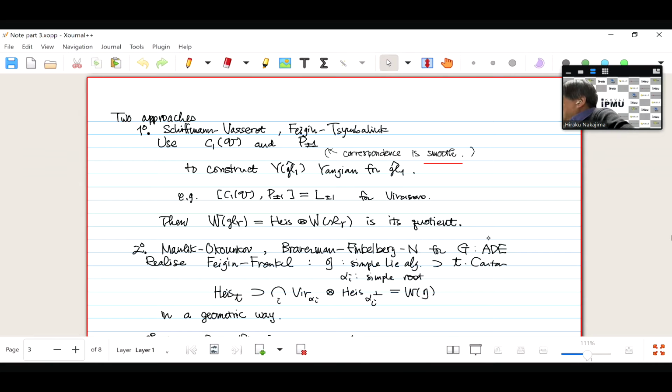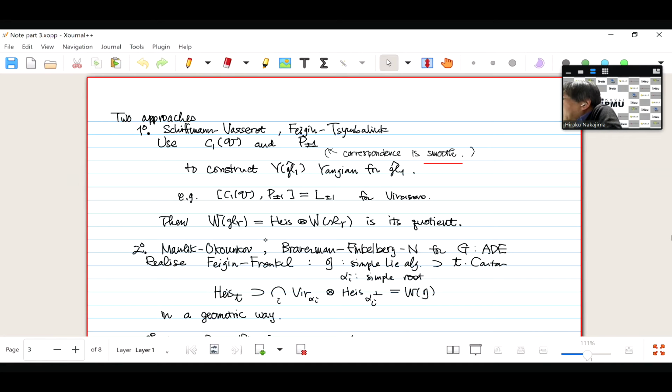So the double algebra in general, for type ADE, is defined as the reduction of the affine algebra. This is the definition of the double algebra, but nobody understands how to realize this reduction in a geometric way.